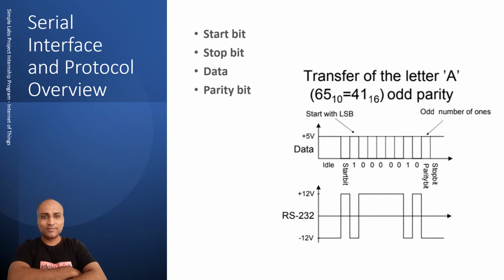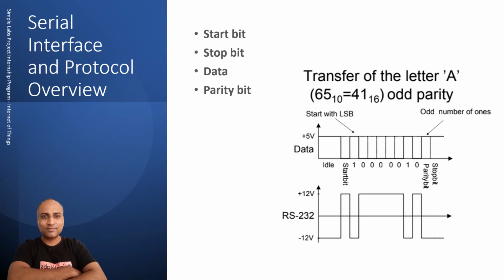Now, in any communication protocol, the protocol defines how data has to be sent. In this case, we can see there is a start bit. The start bit means the receiving system will know that it is going to receive some kind of data, and it will start monitoring the line.